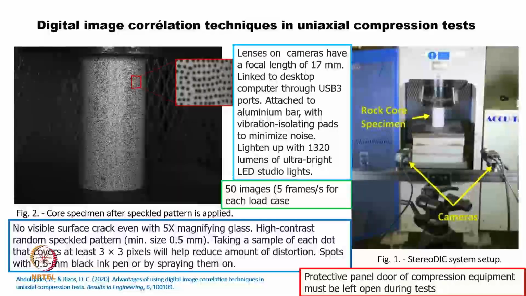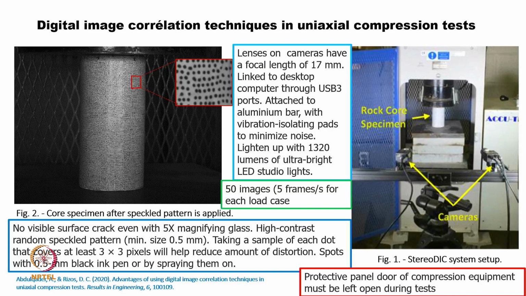Finally, I will cover just one example, published in 2020, which also utilized the digital image correlation technique in a compression test. The compression test has been shown. In this case, you are able to see the specimen, which has been enlarged and shown over here, and on this specimen we can also see some dots on the surface.